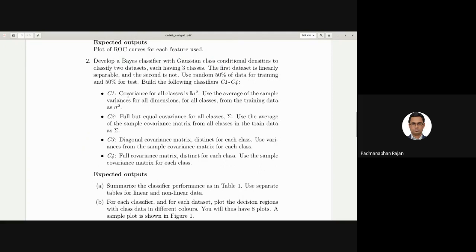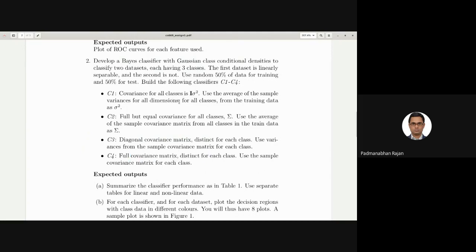You have to build different classifiers which are more and more complex. The first classifier is the first case which we said has the same spherical covariance for all classes. Second one will have full, that is non-spherical, but equal covariance for all classes. Third one will have only diagonal covariance distinct for each class. And fourth one is full covariance distinct for each class. So the four types of classifiers you will build.